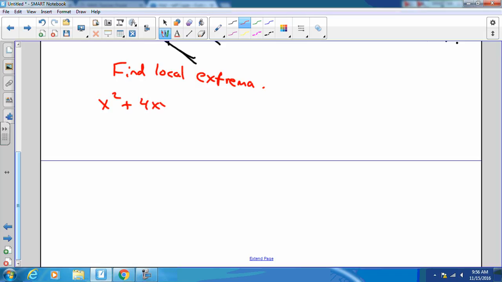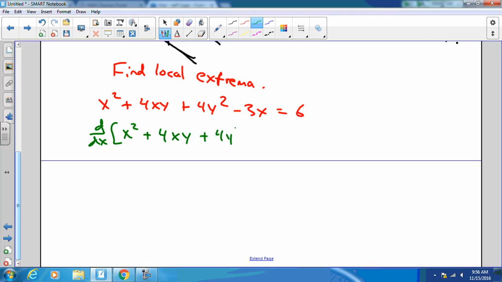So that's our job. So to find the local extrema, first I have to find the horizontal tangents. And this is a job for implicit differentiation method.